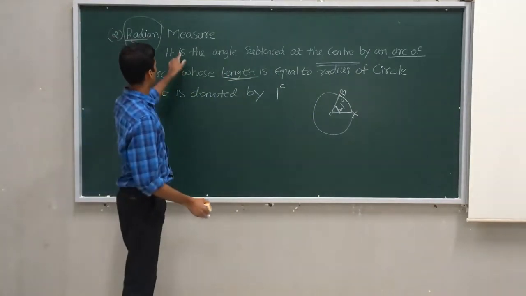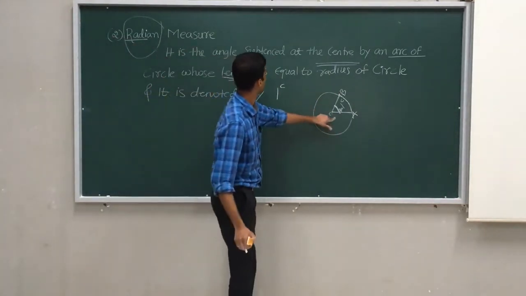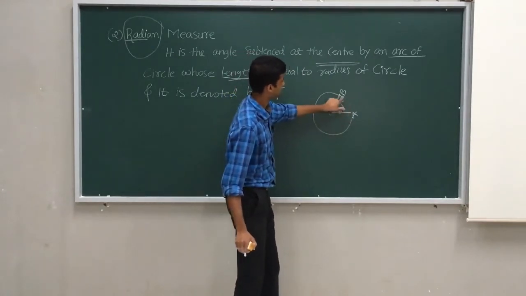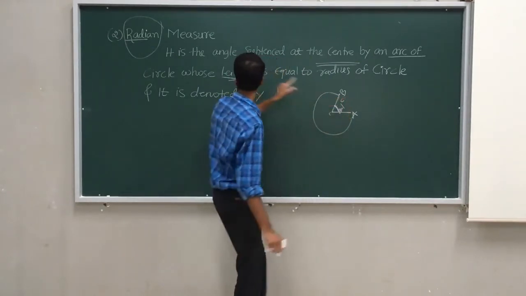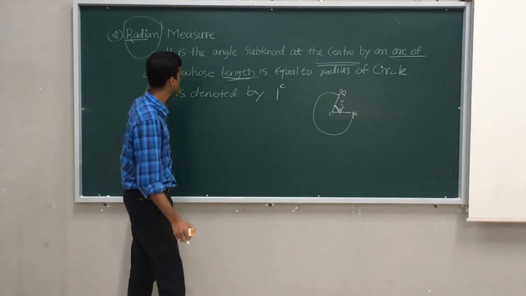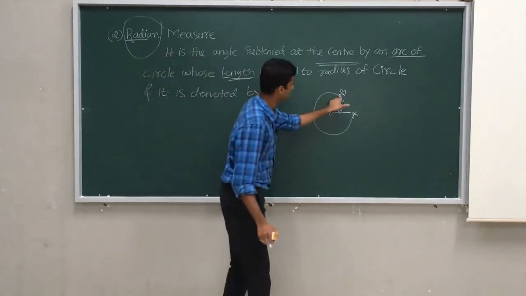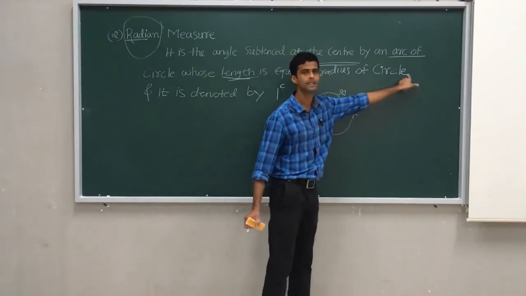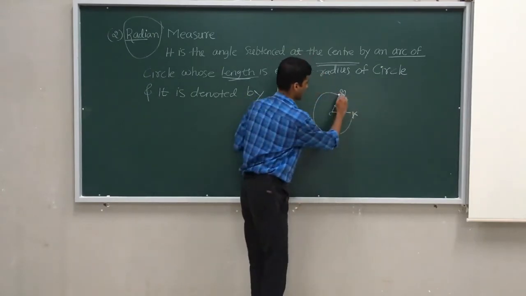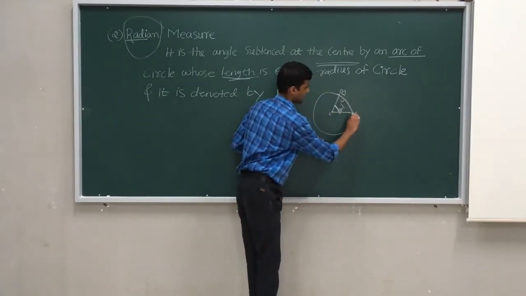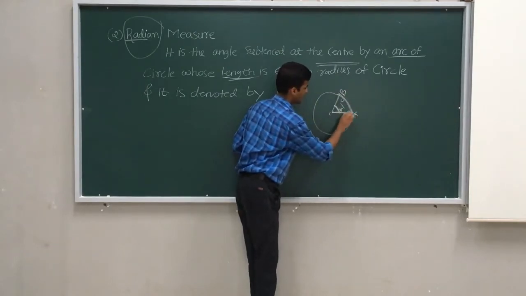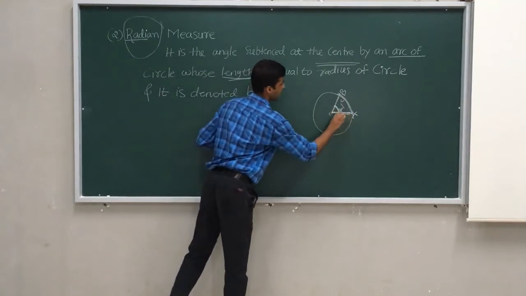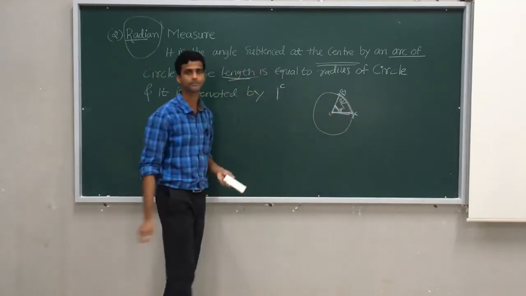Therefore, it is the angle subtended at the center by an arc of a circle whose arc length is equal to the radius of the circle, and it is denoted by 1 radian. Hope you understand.